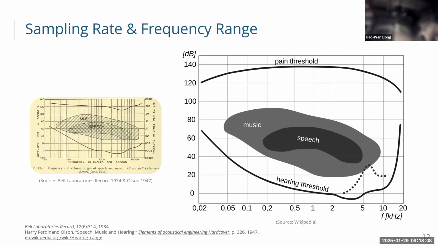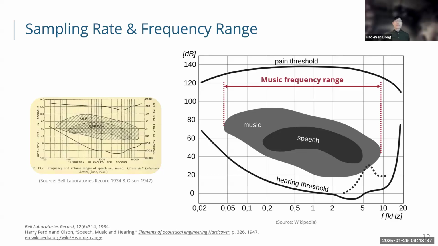200 hertz and about 5,000 hertz. And music is a much wider range because it can go from around 50 hertz up to almost 10K hertz. So this is a typical range, but it doesn't mean there couldn't be harmonics that go beyond that. But the main part will fall into this range.